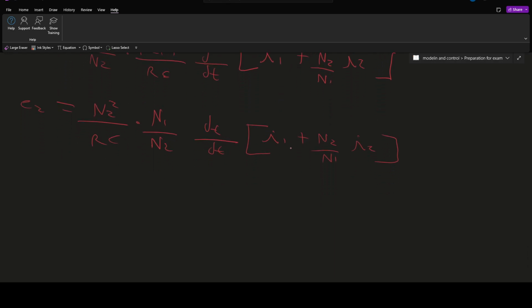And now what we need to do, sorry, we keep our magnetizing inductance here. And now if we factorize, if we multiply this, we are gonna have n1 over n2 I2, n1 over n2 I1, I'm sorry.